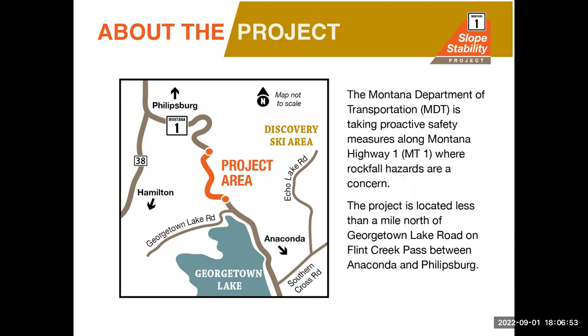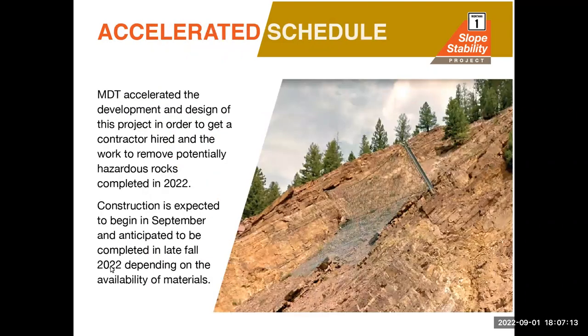This is a preventative maintenance project, which in simplified terms will help keep the rocks off of the highway through this section and provide a safer route for the traveling public. I just want everybody on the call to know that the road is safe to drive on. We're just being proactive to mitigate any possible future rockfall hazards that could occur.